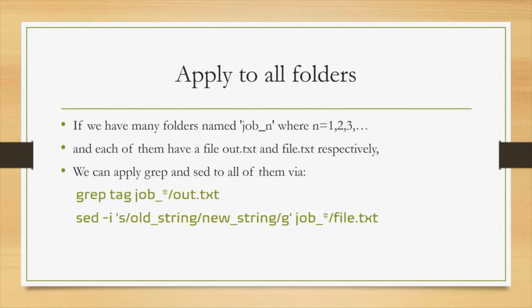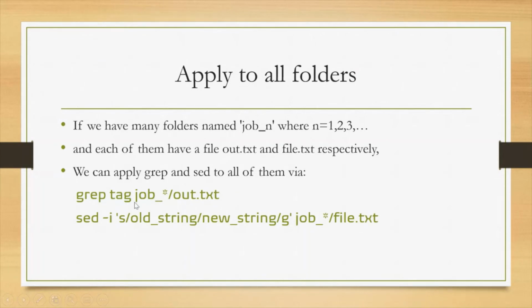And here's a quick trick if you want to apply grep or sed to all directories. So you have output files in all your directories. You can use the star. So say you have many folders, all named job_n, where n is 1, 2, 3, all the way to say 100, and each of them has an output file out.text or an input file file.text which you want to modify.